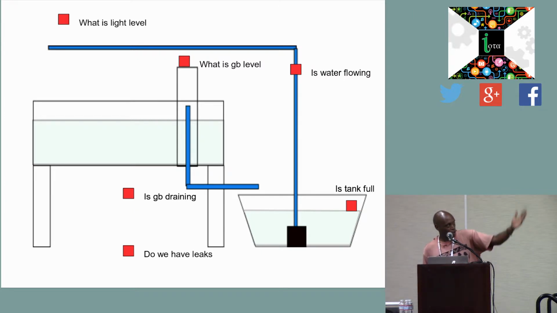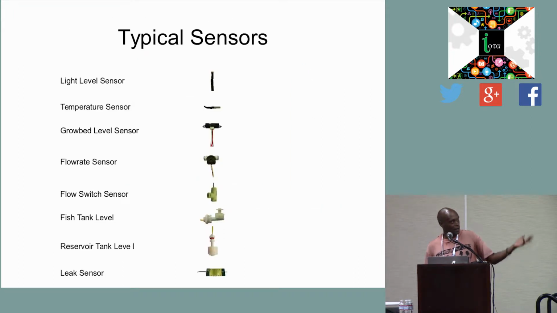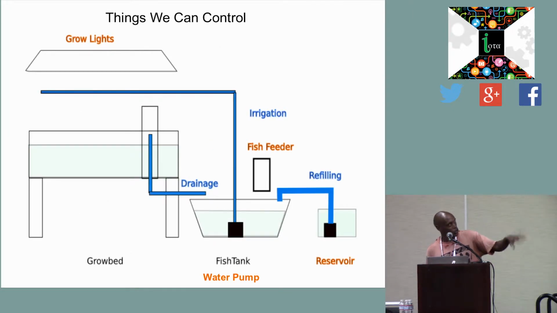So once I get the sensors that I need, those typical sensors, there are things I can control, say in a garden: the grow bed, my water pumps, my reservoir, so that I can refill my water automatically. I can control, in my case, a fish feeder. I need to make sure that the important points in my model are disconnected from me as a human as much as possible, but I can still get the important things going.